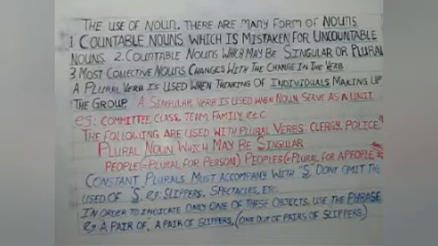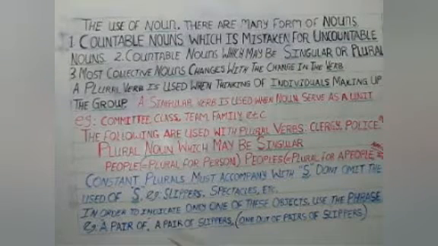And if you want to change the form, you apply this formula. In order to indicate only one of these objects, which comes in the plural form in all cases as a constant plural, use the phrase. And what is the phrase?